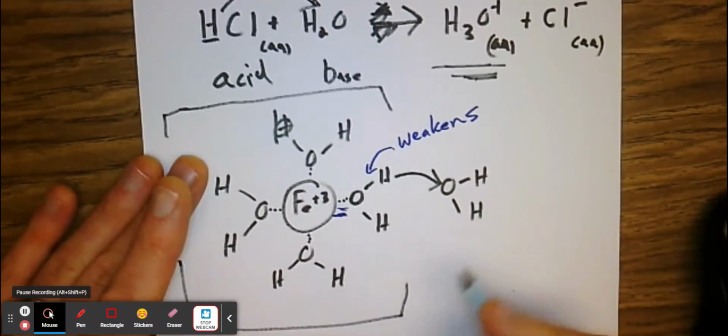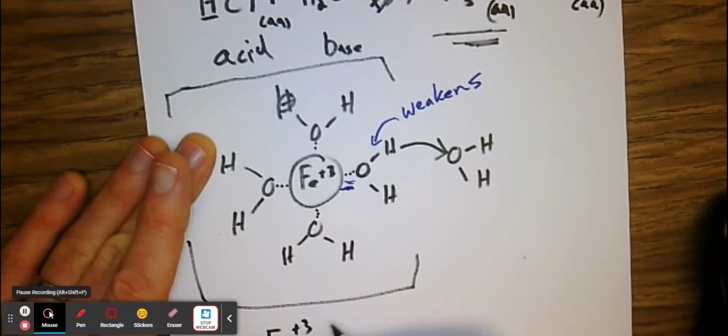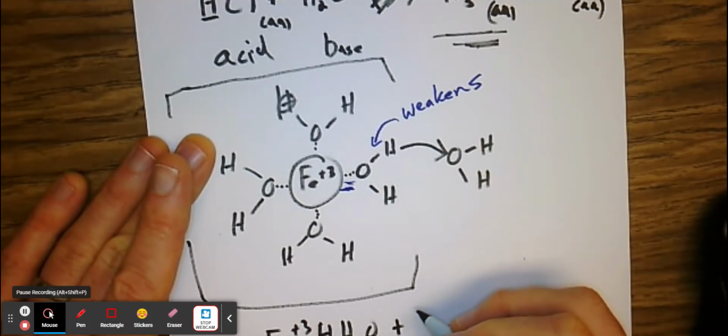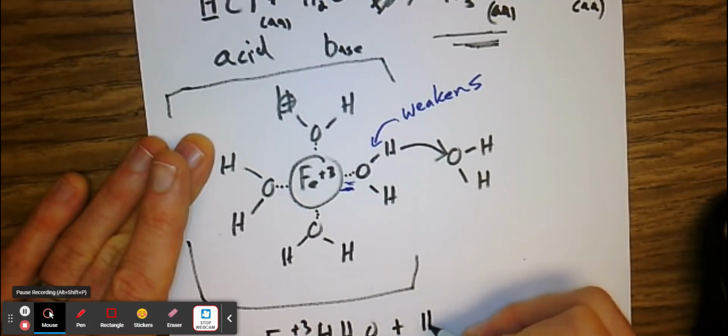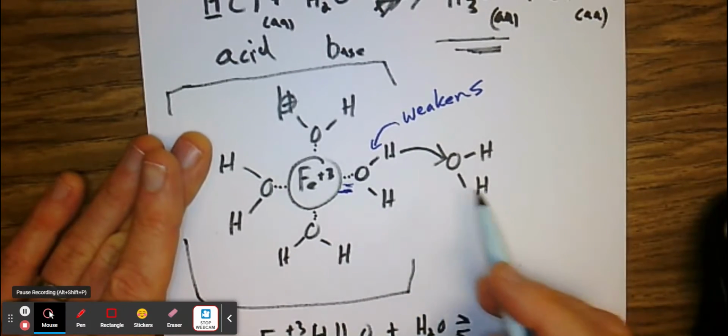So you'd have Fe 3 plus bonded with 4 H2O plus H2O, and this is going to be an equilibrium reaction.